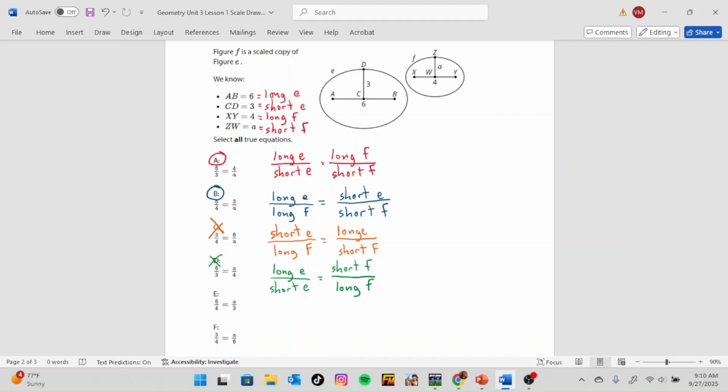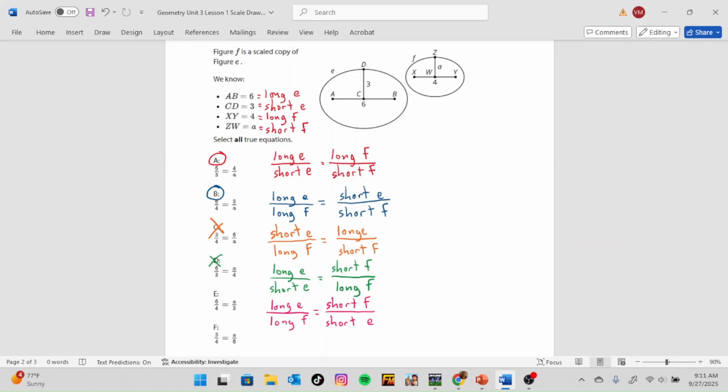Option E. We have 6 over 4 on the left, just like we did in B. So on the left, we're comparing the long part of E over the long part of F. And that was fine to do. We saw that on the left side of B. However, on the right side of E, again, they inverse it. So now we've got the short part of F on top and the short part of E on the bottom.